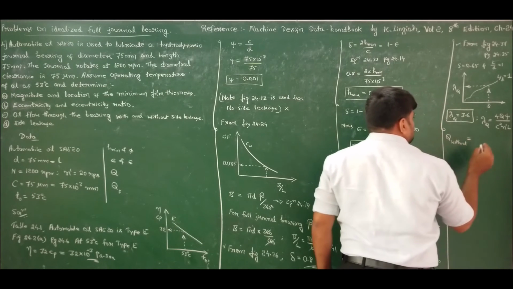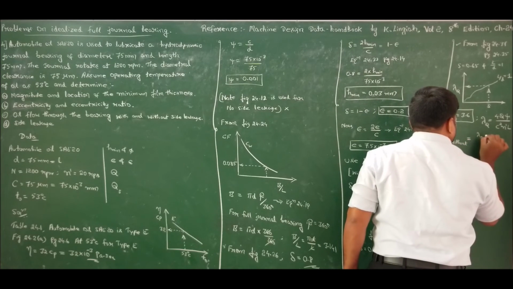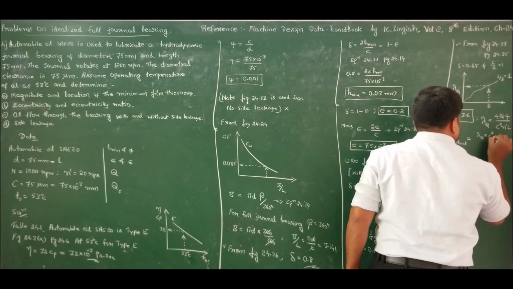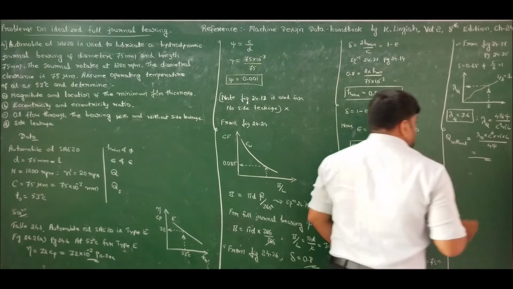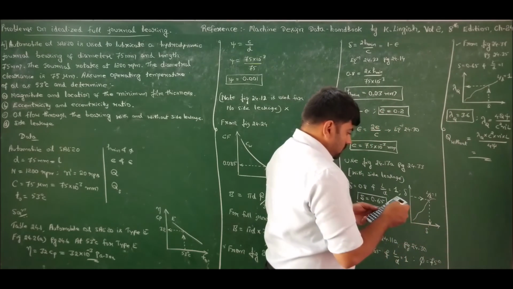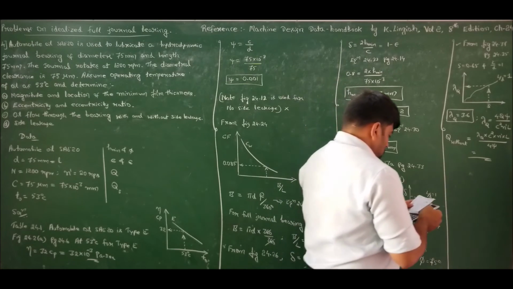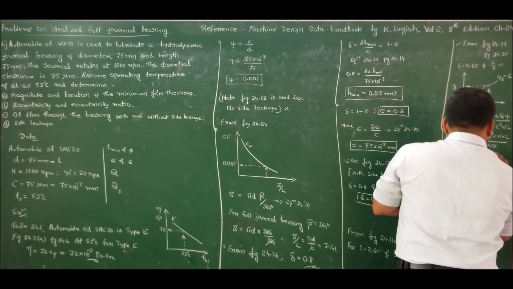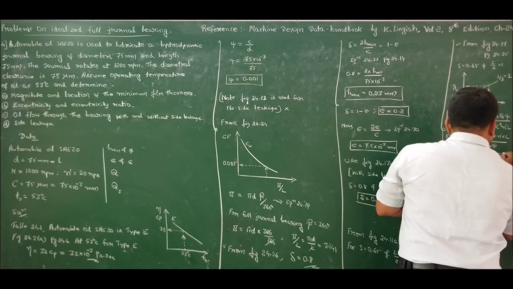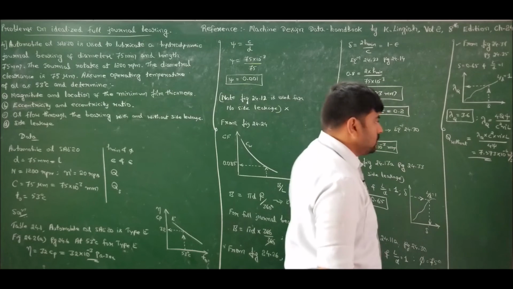Q without side leakage will become lambda q times c square times n dash times l divided by 4 xi. If I substitute all the values and solve, I'll get the answer as 7.593 times 10 to the power of minus 6 meter cube per second.